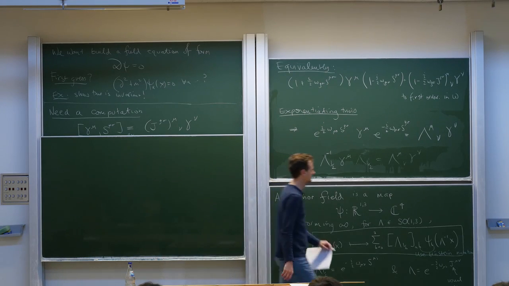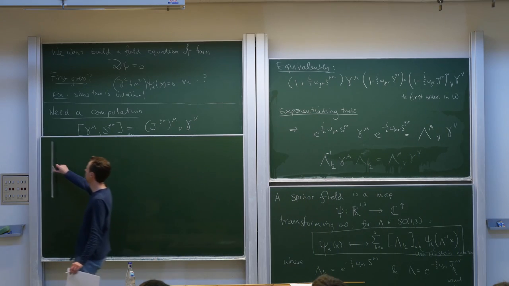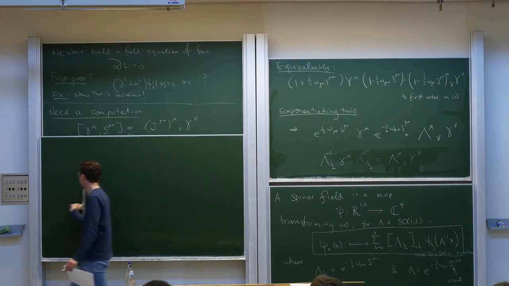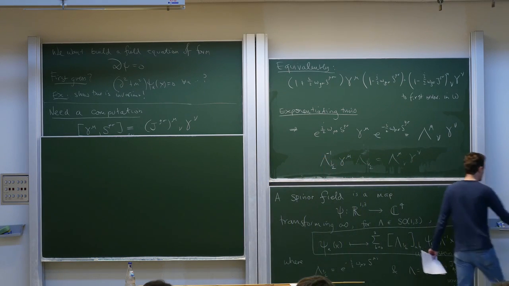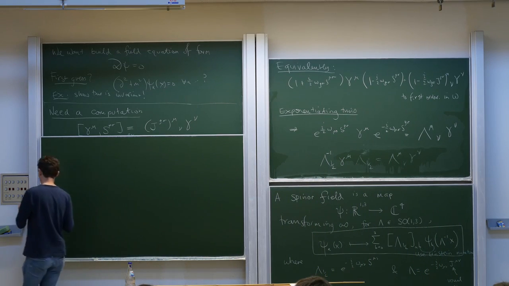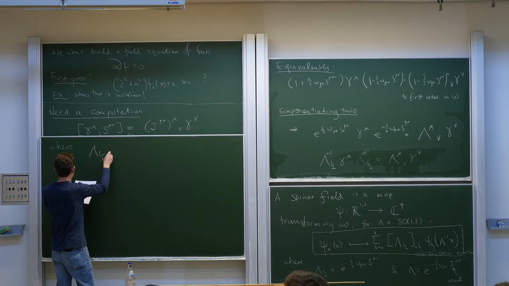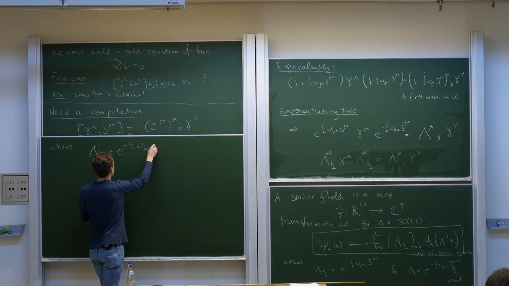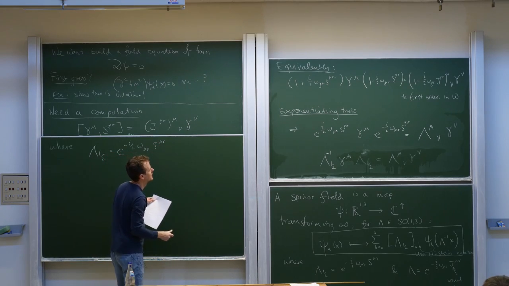So if we contract d mu against gamma mu, we're going to have written down a differential operator that is invariant under Lorentz transformations. So before that, I'm just going to set the notation here.